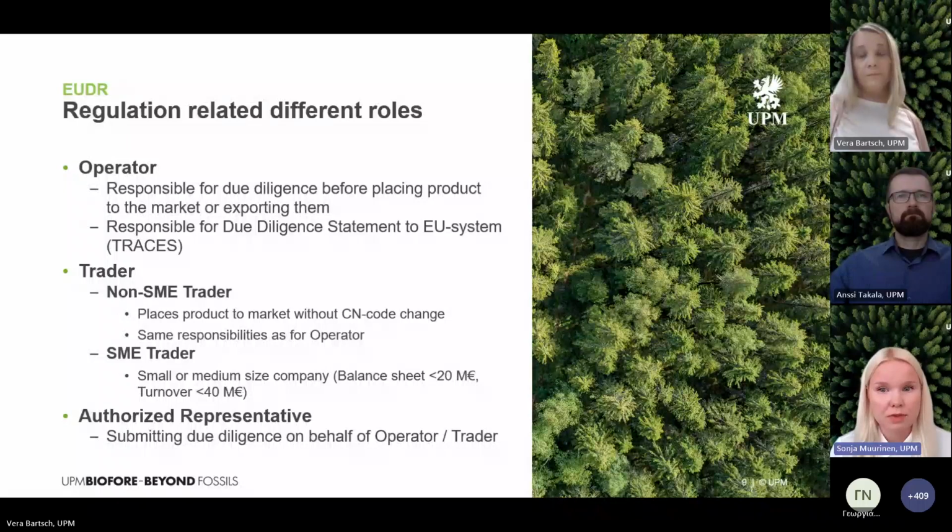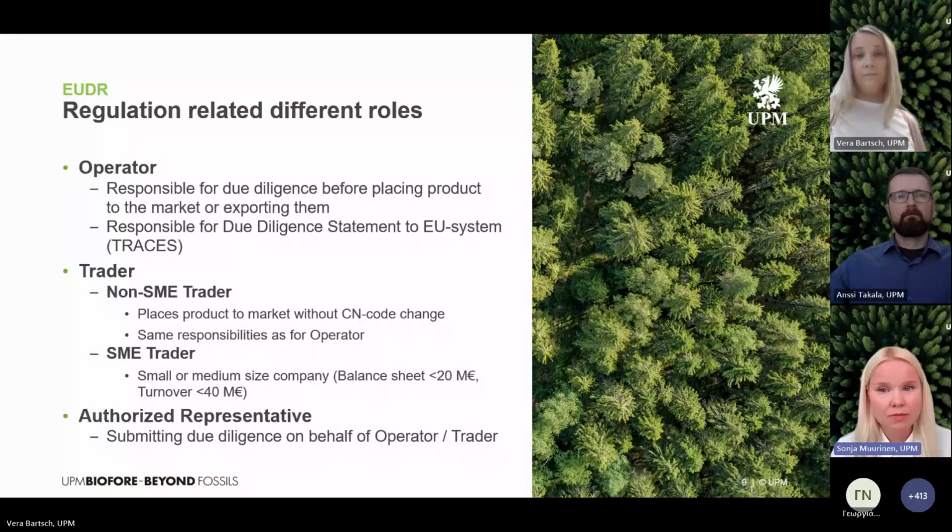Operators are responsible for conducting due diligence before placing products on the EU market or exporting them. Additionally, operators must create a due diligence statement in the EU's TRACES system. And this due diligence statement has a reference number that is then provided to our customers. But Anssi will explain more about this process shortly.